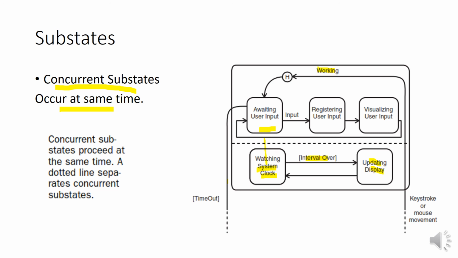So these activities occur in parallel, simultaneously. The concurrent activities you show with a dotted line between them. The dotted line indicates that these states are parallel. Concurrent substates proceed at the same time. A dotted line separates concurrent substates.